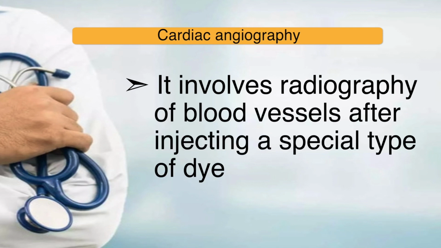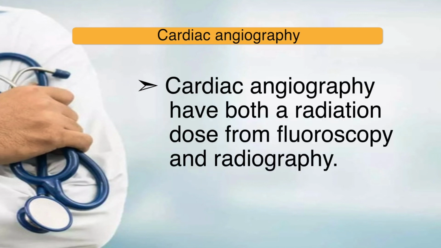It involves the radiography of blood vessels after injecting a special type of dye to enhance the X-ray images. So cardiac angiography involves a radiation dose from the fluoroscopy as well as the radiography.